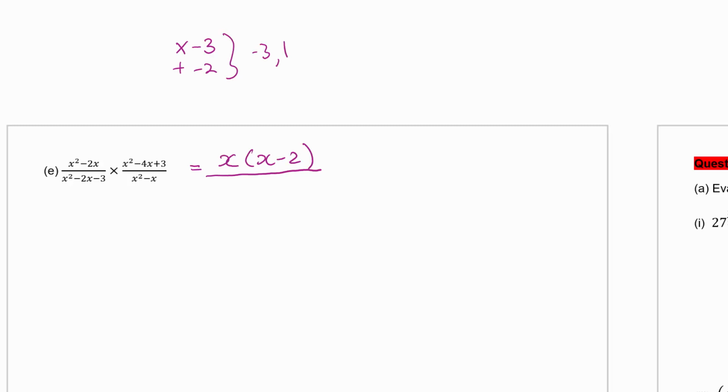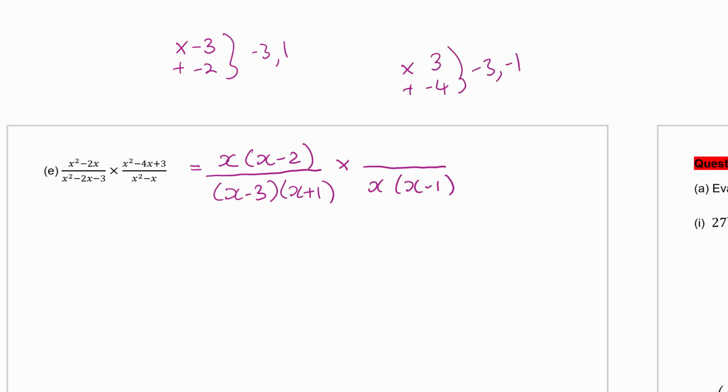Negative 3 and 1 will do that, so that's going to be x minus 3, x plus 1. And then the bottom of this one's easy, it's just x minus 1. And for the other one, multiply to give 3, add to give negative 4. Negative 3, negative 1 will do that, so that one's x minus 3, x minus 1.